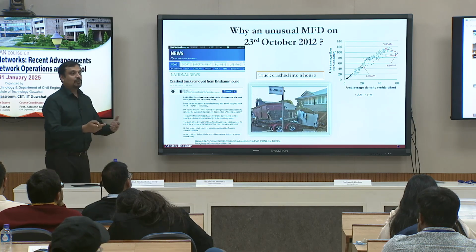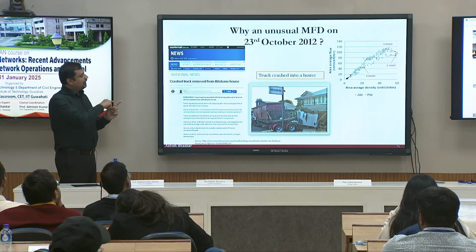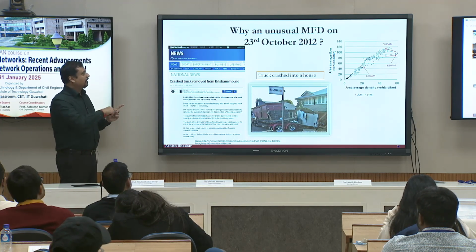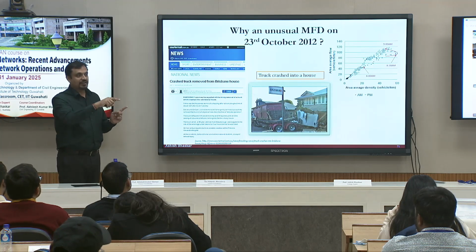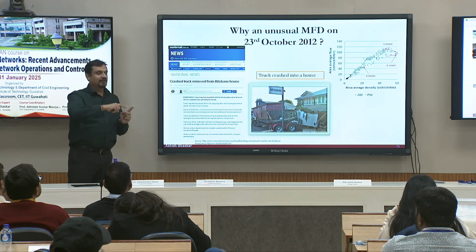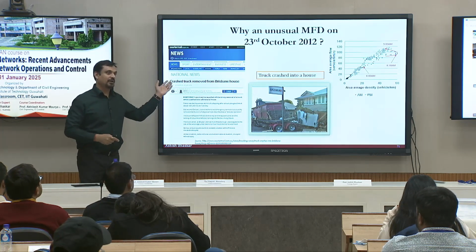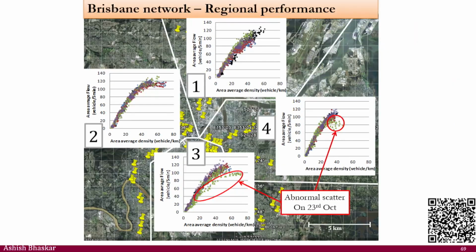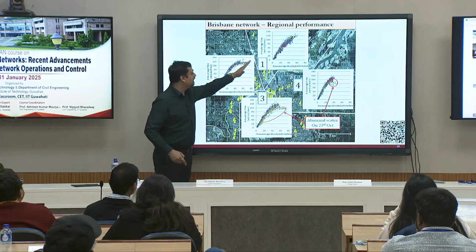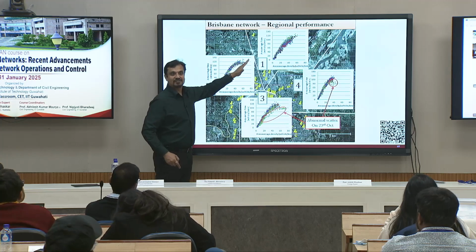In fact, similar to the one which we discussed, if I have a diagram of flow and density, the slope of the line is the speed, like the one that you found in the previous example. We can do the same thing. The slope of this line, if I draw from origin to any point there, is the average running speed for that section.